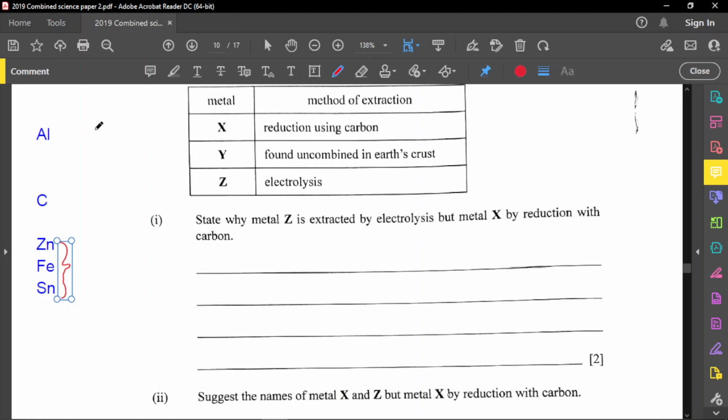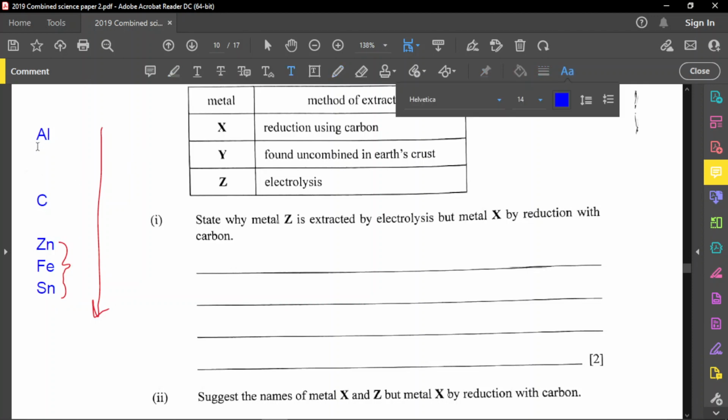And so the arrow in terms of the series goes like this. Generally, the metals that are above carbon will need electrolysis to extract. The ones below carbon can be extracted easily by reduction with carbon.